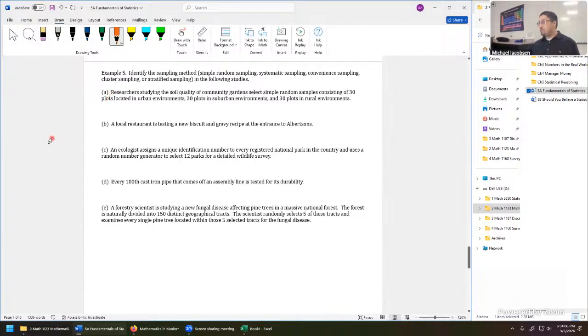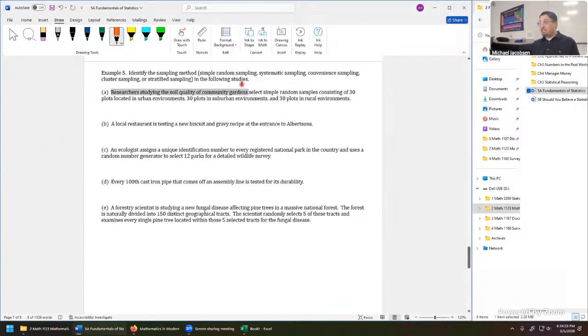Now part A says, researchers are studying the soil quality of community gardens. So that's their goal. They want to know how good is the soil? Maybe in terms of pH, in terms of nitrogen, other kinds of nutrients.